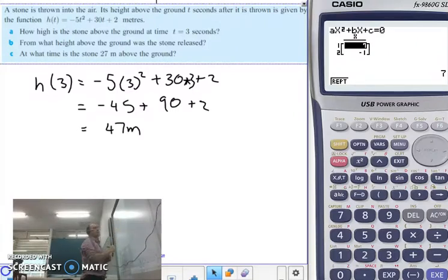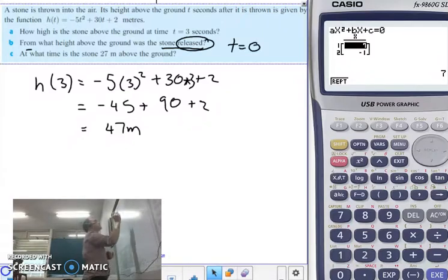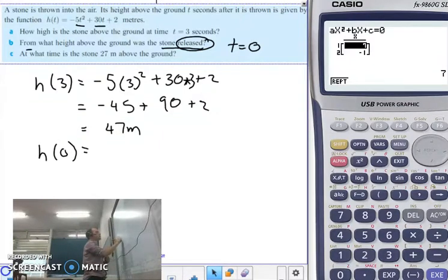So it's 47 meters above. For b, from what height was it when the stone was released? When you release something, that's when time is equal to 0. So again, I would substitute that into my equation, and I know that the h of 0 is just equal to the constant, or the last number there, which is 2. So it was released at 2 meters.